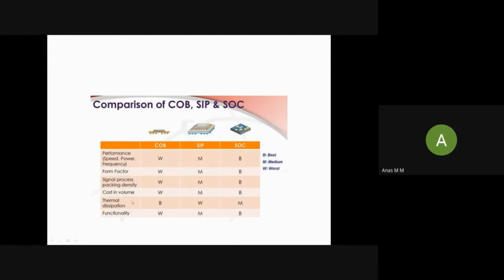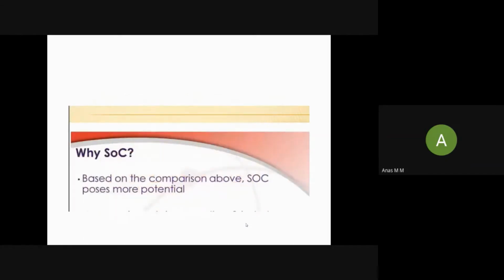Functionality is best in SoC. So overall, if you compare all these technologies, SoC is the best in the market. That is why every company is selecting SoC technologies to manufacture their products. Based on the comparison, SoC possesses more potential.